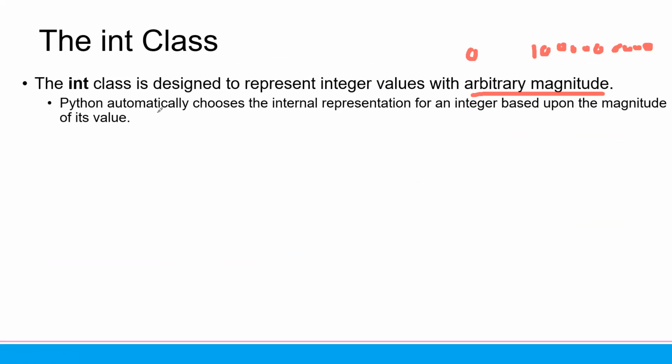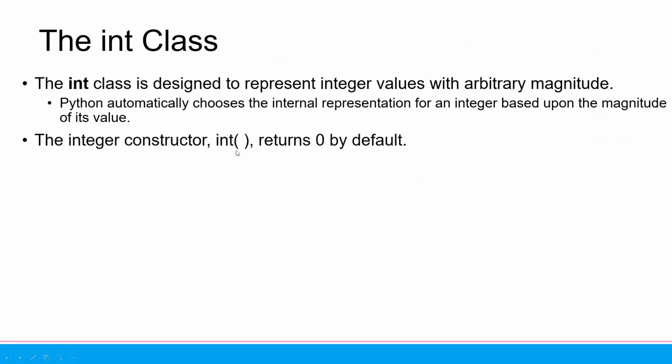Python automatically chooses the internal representation for the integer based upon the magnitude of its value. If you learned Java, they have specific ranges. If you use int, then you can only use a limited range, and if you want longer, you need to use long. It's different in Python; you can just define int.